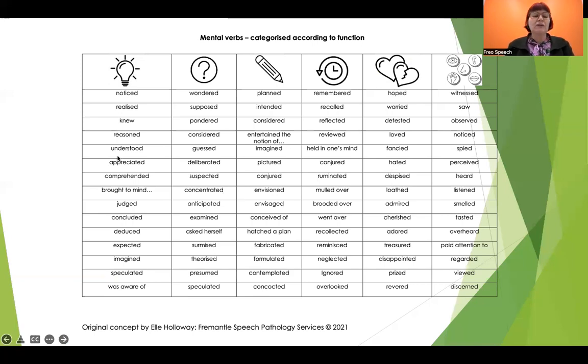And these four columns by far contain the biggest group of mental verbs, which are verbs of cognition. So things that you think, that you remember, that you plan, that you deduct. So all of those are cognitive mental verbs.